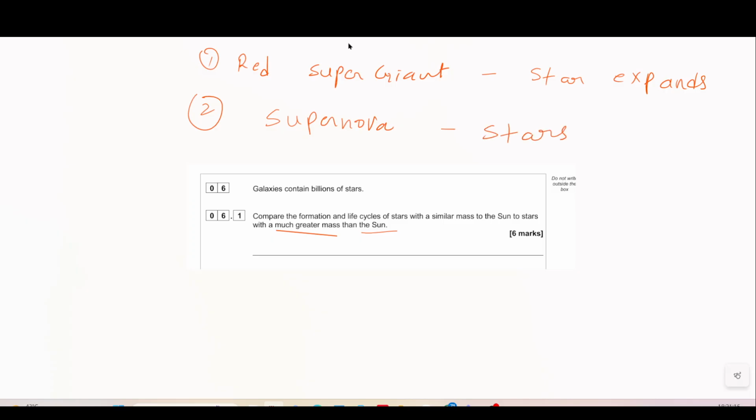Did you write red supergiant? Next is supernova. Stars run out of elements, collapse and explode. Next is black hole.